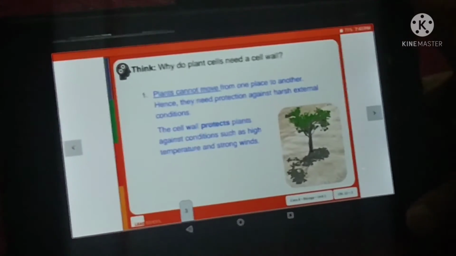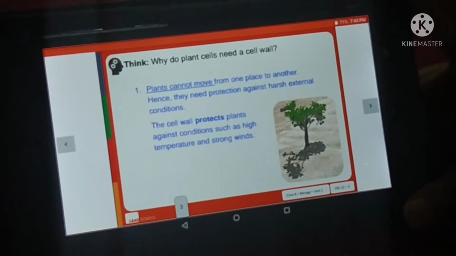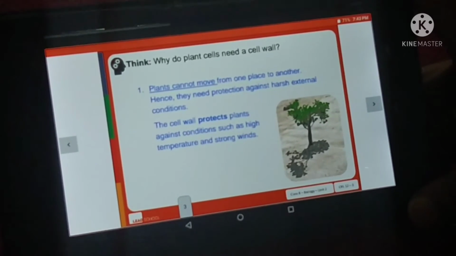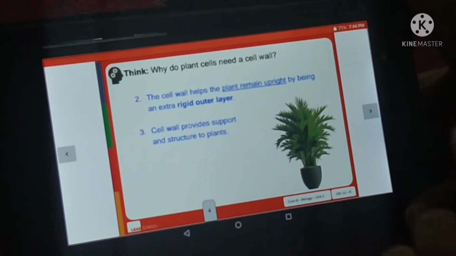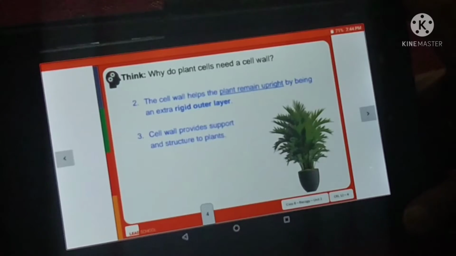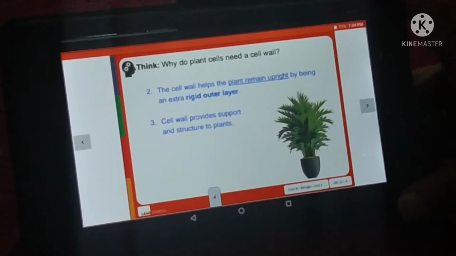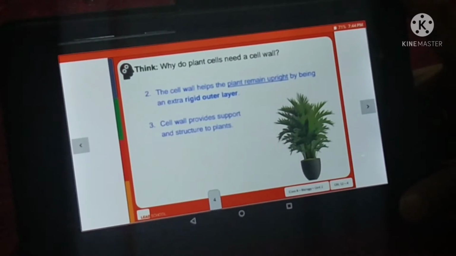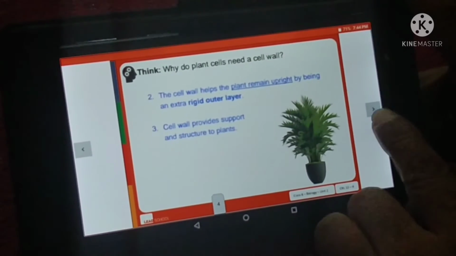The cell wall protects plants against conditions such as high temperature and strong winds. The cell wall helps the plant remain upright by being an extra rigid outer layer. Cell wall provides support and structure to the plants.